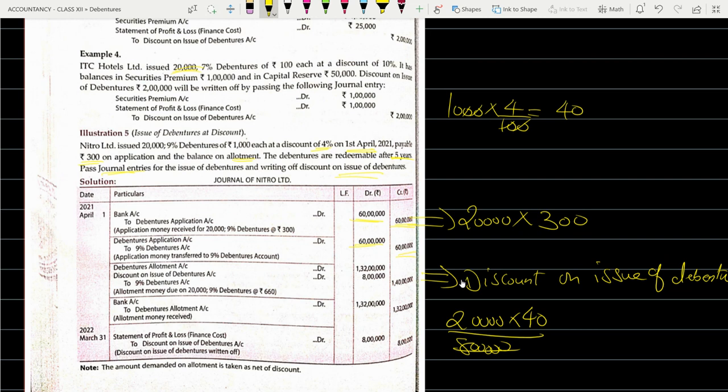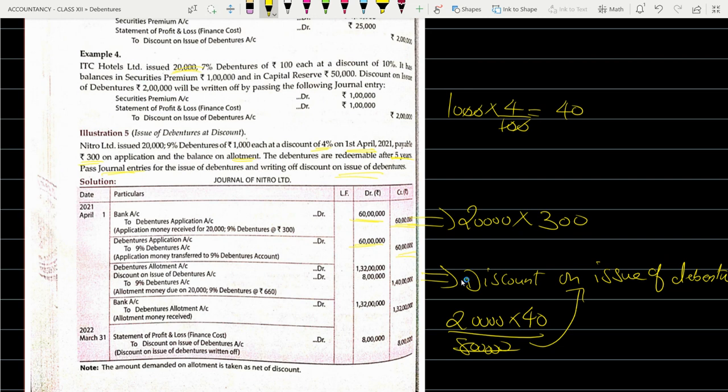The amount will be 8 lakhs, right? Which should be assigned to your discount on issue of debentures account. And then the 9% debentures. So the total value of these two will be the 9% debenture value.